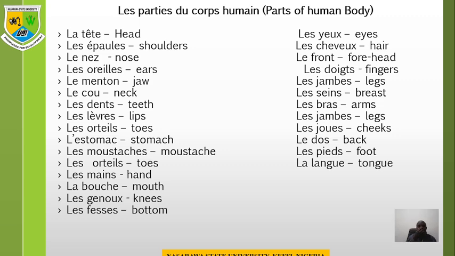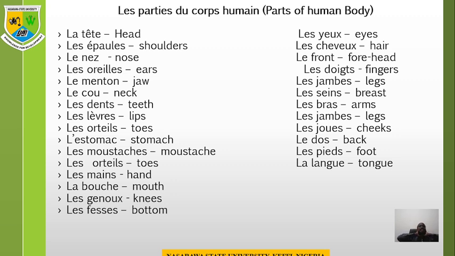Le nez means nose. Les oreilles means ears. Le menton means jaw. Le cou means neck.